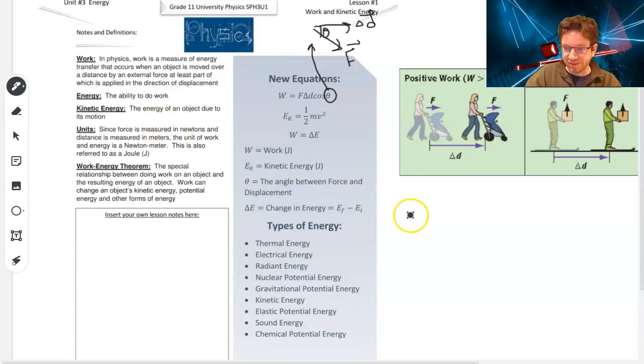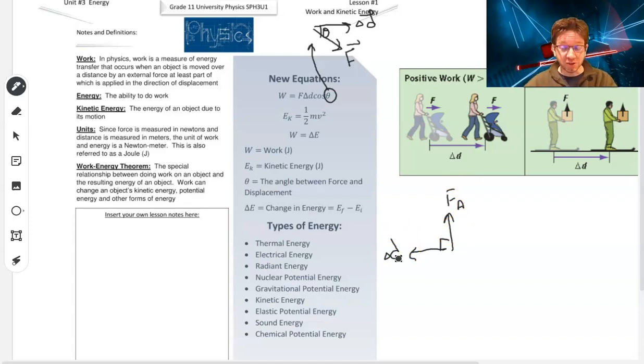In that case, if I were to draw this, the force on the pen that I apply is up. And I've moved it horizontal, so its displacement is horizontal. Those are perpendicular to each other. So there's no component of my applied force that's in the direction of displacement. So I have done no work.